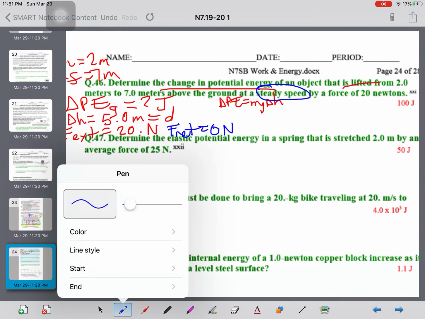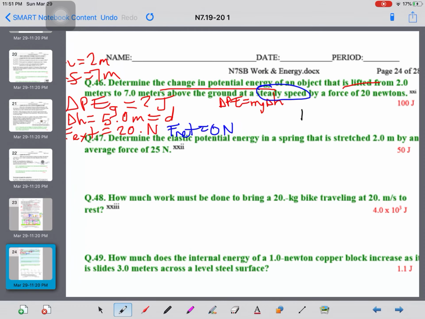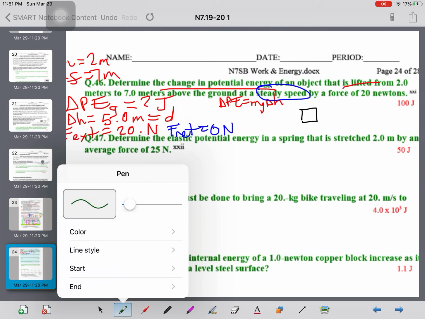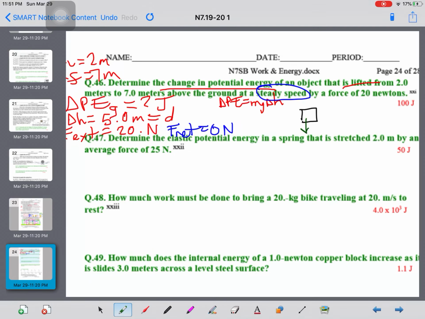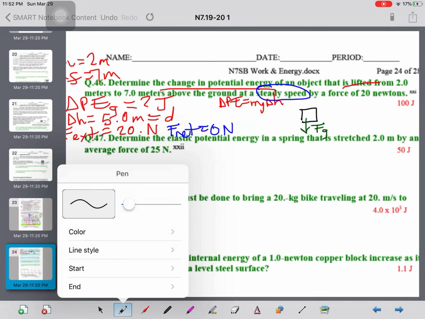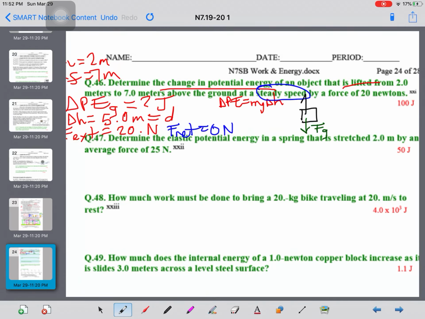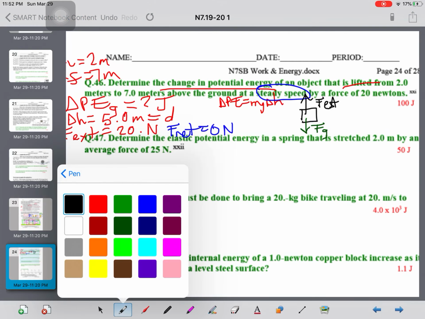free body diagram. So if we got a free body diagram, we come over here and we put this little box. That little box has got itself a little FG, pointing down. It's got itself a little F external, pointing up. You know these two are the same because it's got an F net.